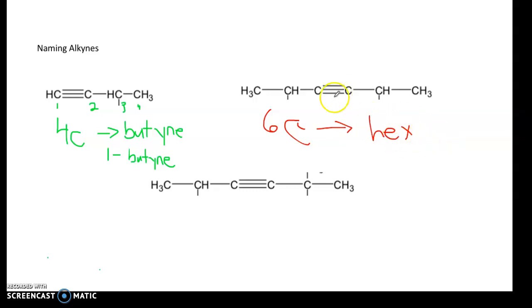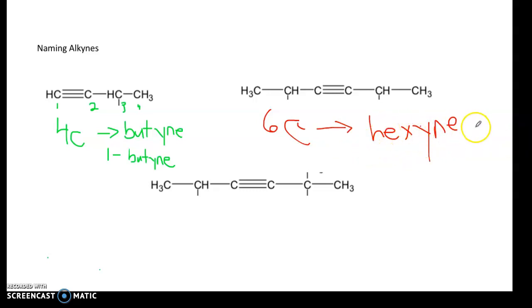And because it has a triple bond, I'm going to end it with a Y and E. The Y makes an I sound, so hexyne.